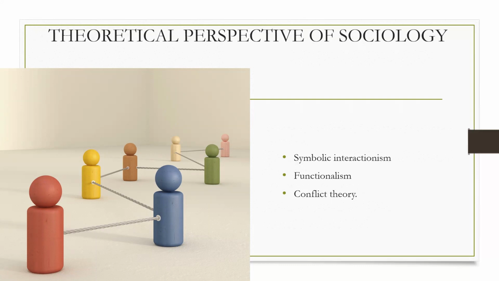And then we also have the conflict theory, which was coined by Karl Marx. According to him, there are different class groups, there are different class interests. And according to Karl Marx, unless those people whose interests are being undermined become conscious of their class, they will not be able to fight for their interests.